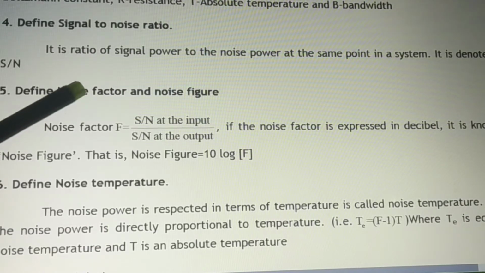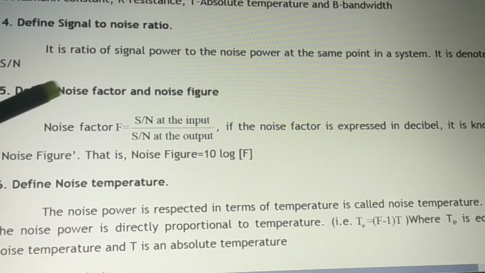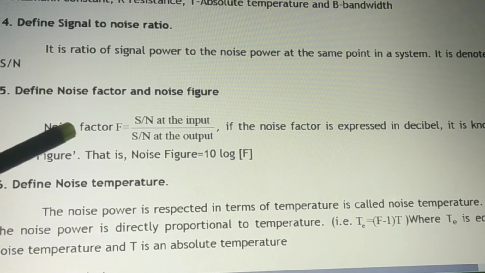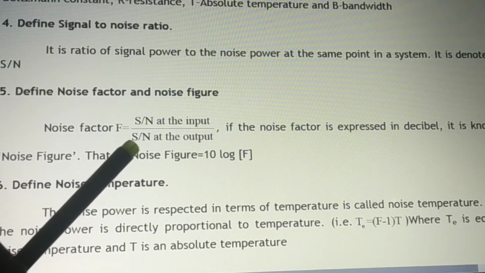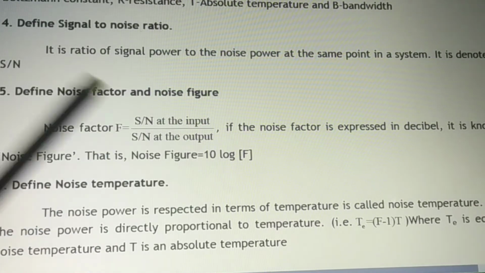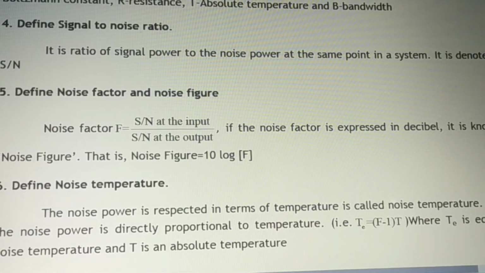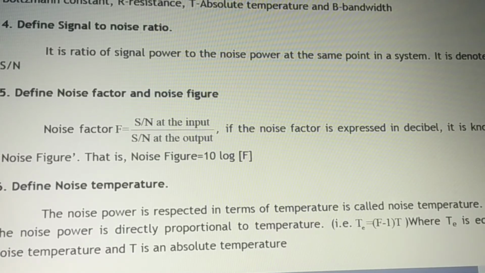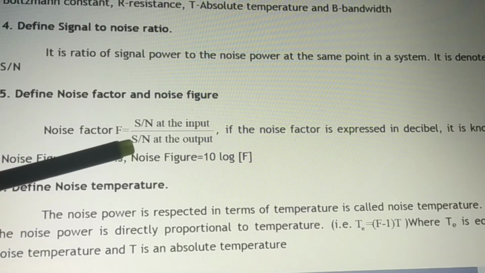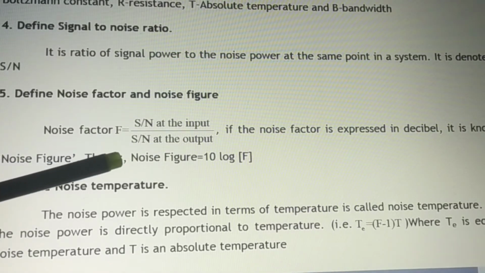Define noise factor and noise figure. Noise factor is denoted by the capital letter F. It is the signal to noise ratio at the input divided by the signal to noise ratio at the output.